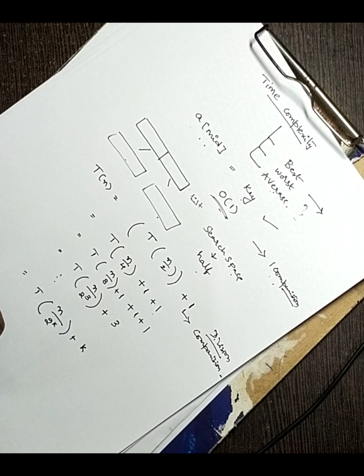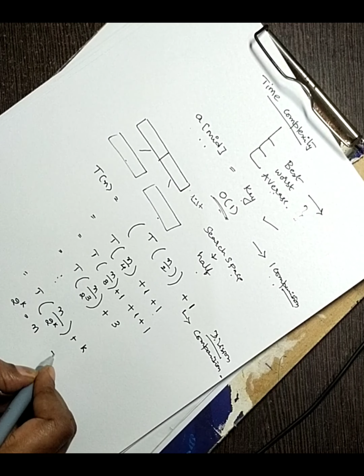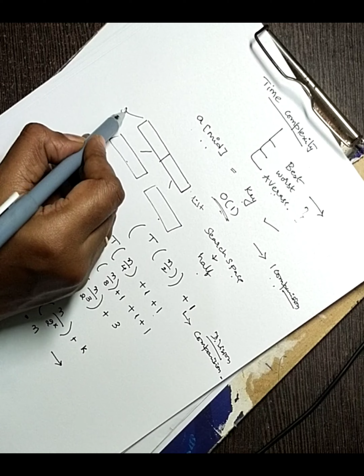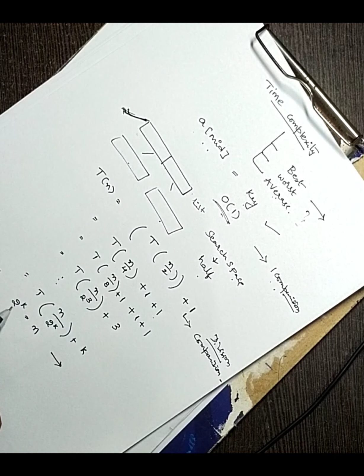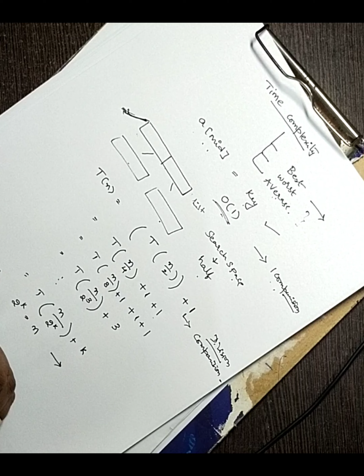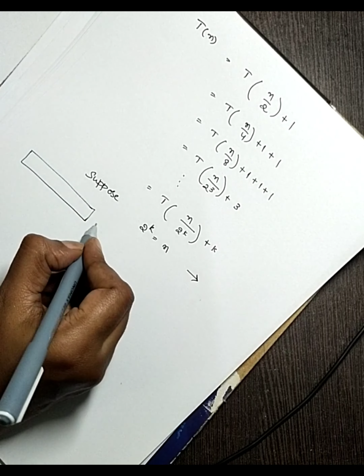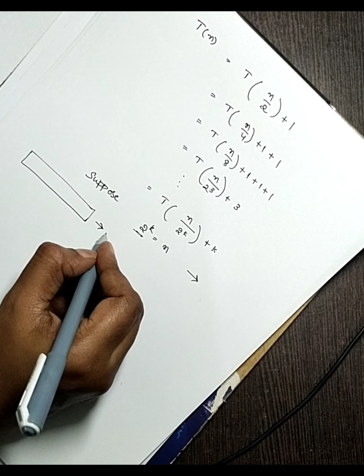Now let us assume that 2 power k is equal to n. That means let us assume that the list of elements is in the power of 2, multiples of 2. It means the list of elements that has to be searched is in the order of 2.